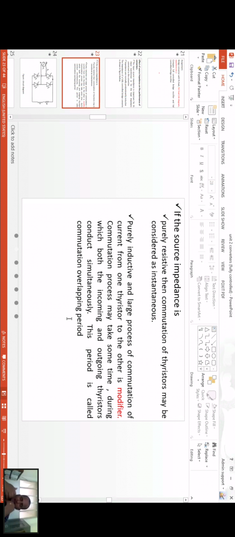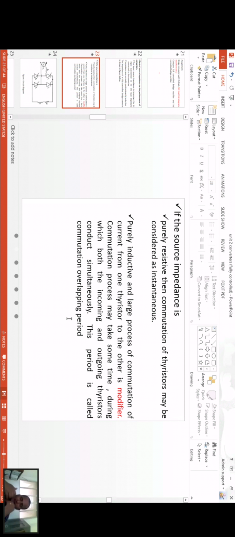So T3 and T4 are already conducting; we just assume this. The current increases slowly from 0 due to the source impedance, transferring the current from the T3 and T4 pair. So the current is slowly increasing.